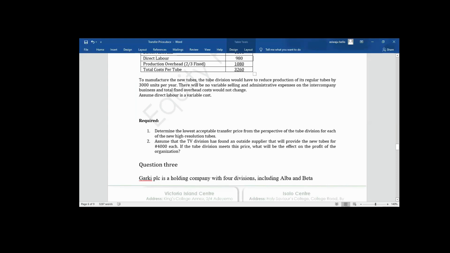If the tube division agrees to produce and transfer the components at 4,000 naira transfer price, what is the implication of this on the company's profits? Yes, anybody?